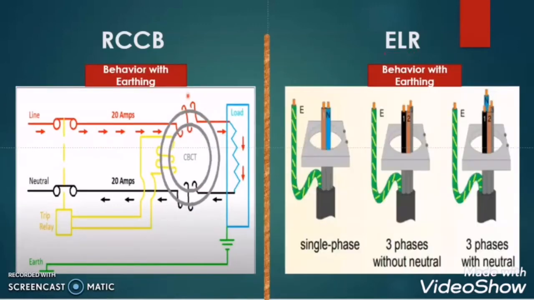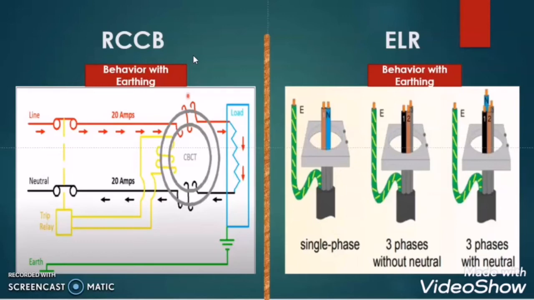The third difference between the RCCB and ELR is the behavior towards earthing. In the case of the RCCB, the earthing is not so important. Even though there is no earthing connected to the body of the load, the RCCB will trip itself. I discuss it more deeply in two of my videos.